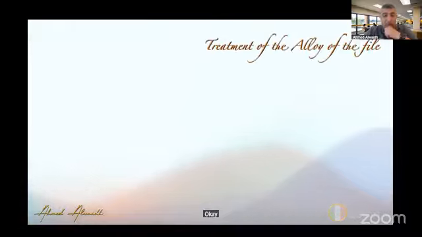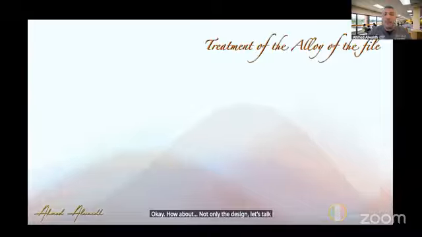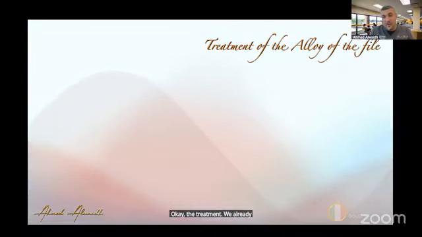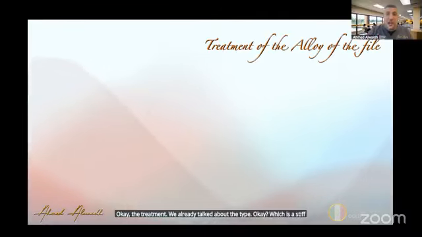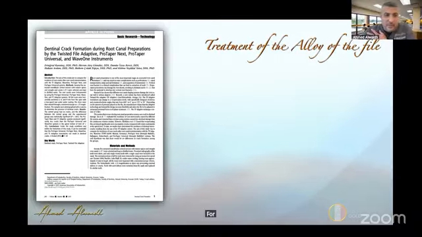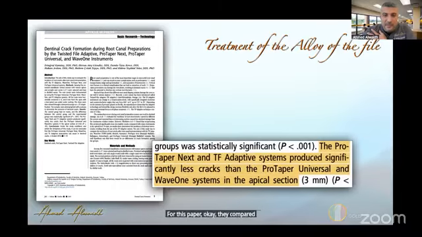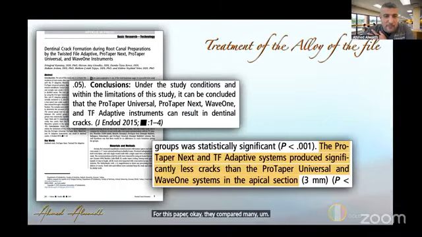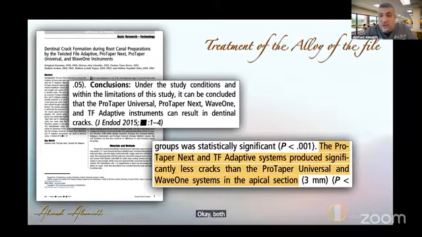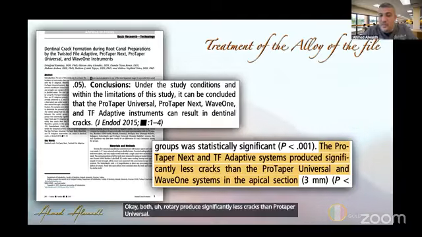How about not only the design, let's talk about the type of NiTi. The treatment, we already talked about the type, which is stiffer or not. How about the treatment of the alloy? For this paper, they compared many instruments. The ProTaper Next and TF Adaptive, both rotary, produce significantly less cracks than ProTaper Universal and Wave 1 system.